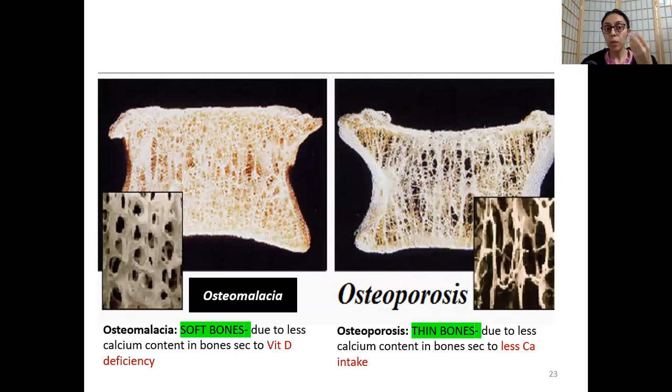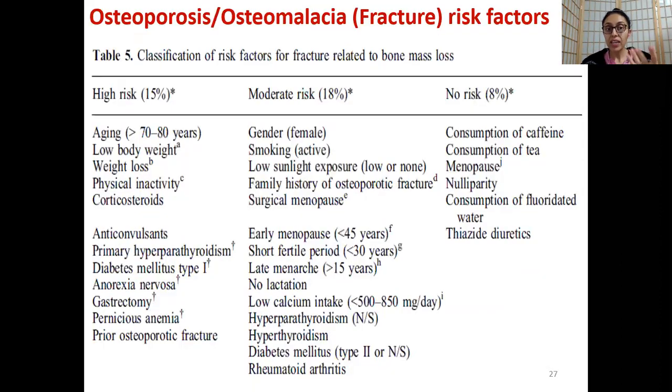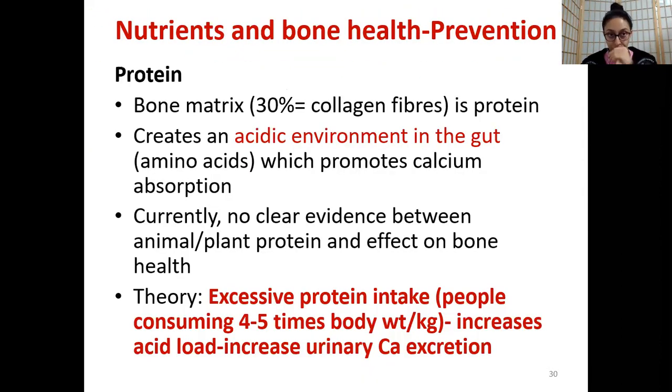But to begin with, the organic nature of your bone is protein in nature. Like I said in the last lecture on undernutrition, that we are essentially protein. This is what I'm talking about. Even your bone essentially is protein to begin with. Now, protein helps with calcium absorption.